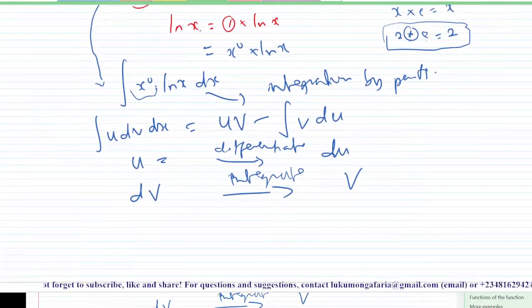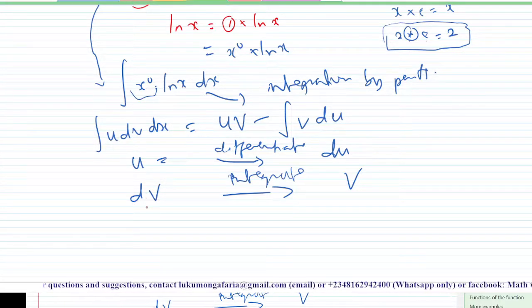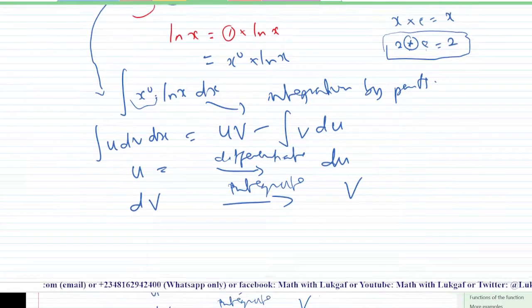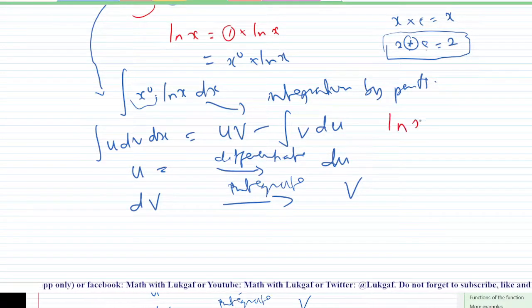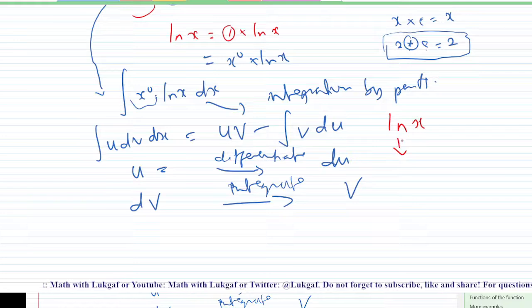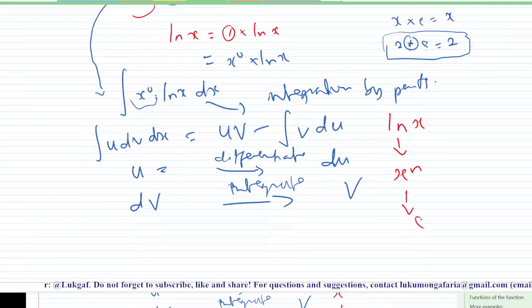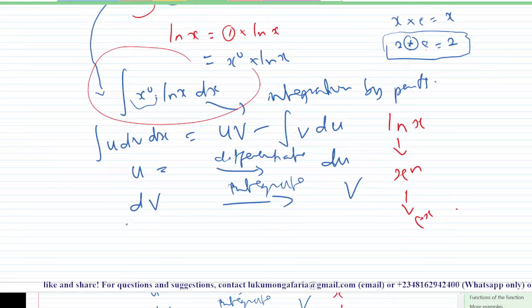Now, don't forget before I proceed that I gave you a priority order you have to follow when you want to take one of the functions as your u. The priority order is to check whether you have ln x, that is your logarithmic function. If it is not there, you check for x raised to something, then you check for e raised to x. So if you check my question very well, let me rewrite it here.